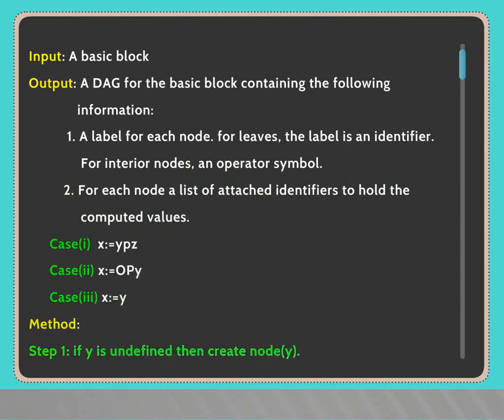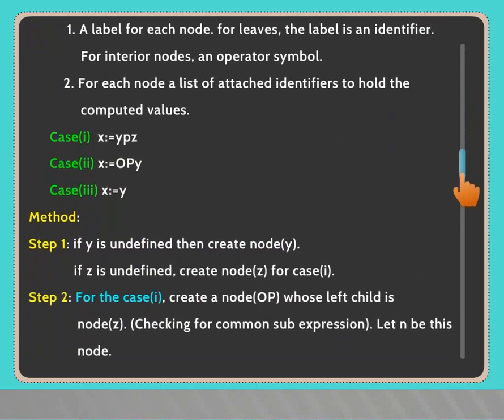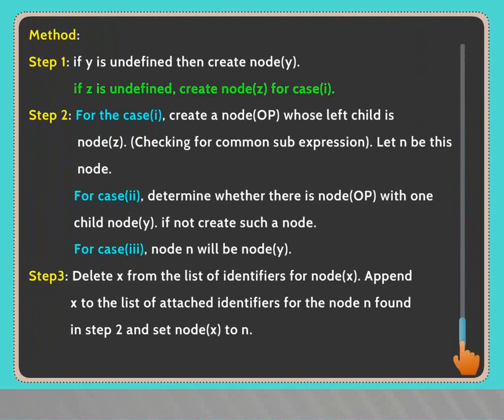Method. Step 1. If node(y) is undefined, then create node(y). If node(z) is undefined, create node(z) for case (i). Step 2. For case (i), create a node(op) whose left child is node(y) and right child is node(z). Checking for common subexpression, let n be this node.